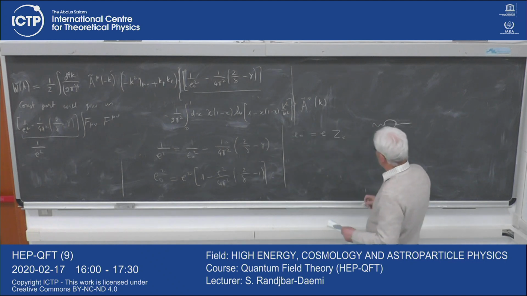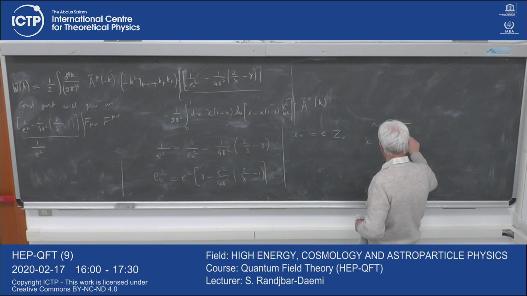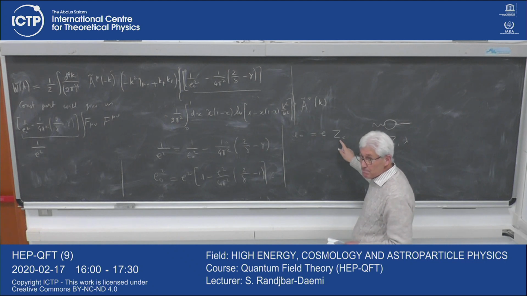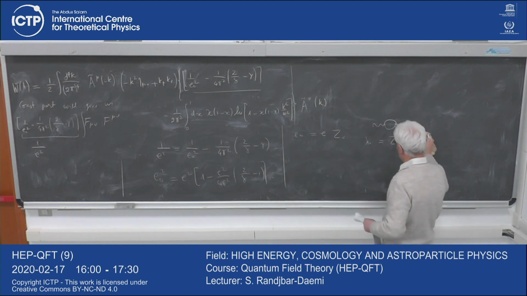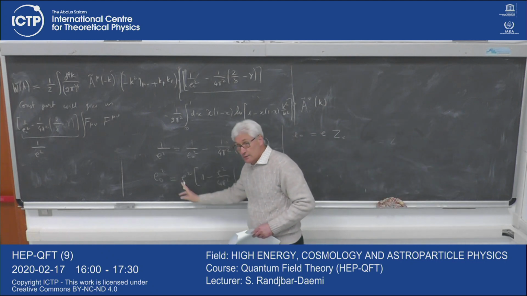You remember for the scalar field we had a similar thing. We had the bare coupling equals Z1 times lambda. So here I'm calling the analog of this Z1, I'm calling Ze. Where Ze you can read from the expression here. This is e squared, okay?